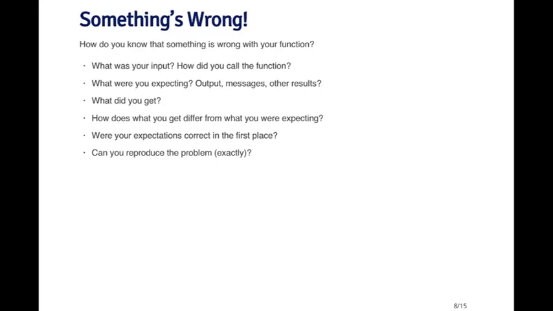Another key aspect of debugging, of course, is that you have to be able to reproduce the problem. If you can never reproduce the problem, you'll never have a chance of figuring out what went wrong, because it only happened that one time. So this is very, very important.